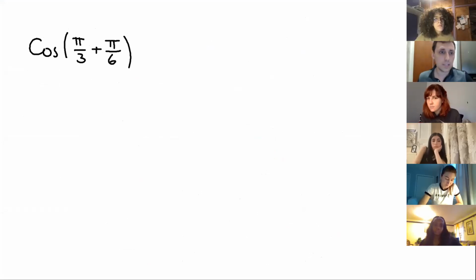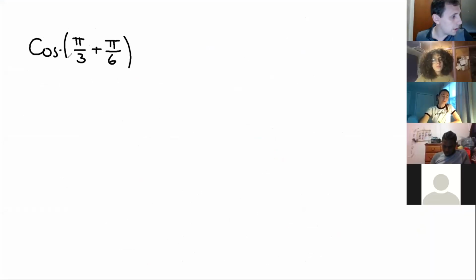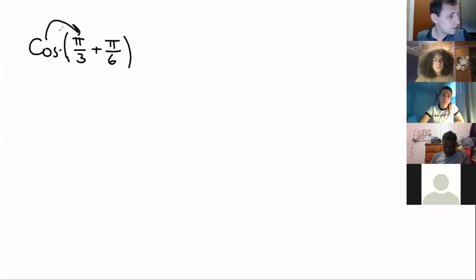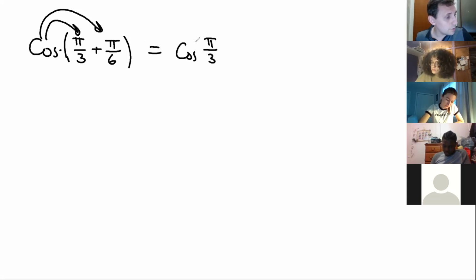So we have cosine multiplied by pi over 3 plus pi over 6, which means, of course, I distribute the cosine right through the parentheses, like this, and like this, getting cosine of pi over 3 plus cosine of pi over 6.